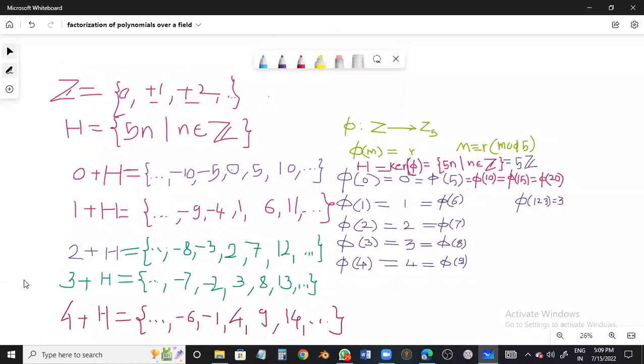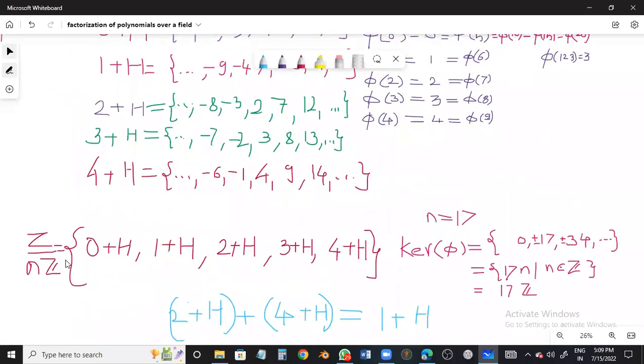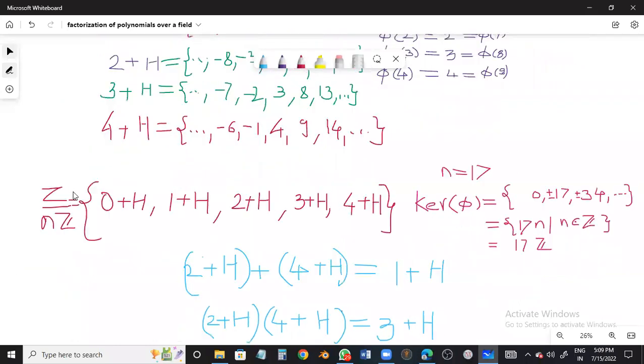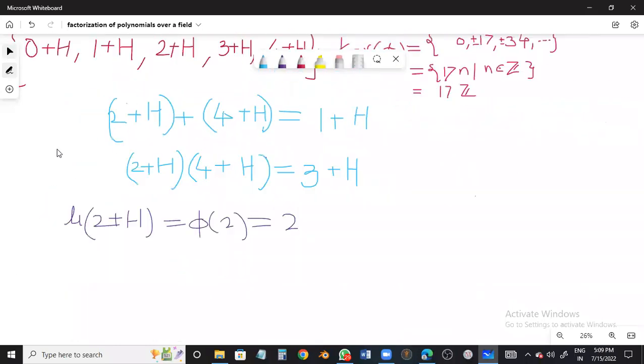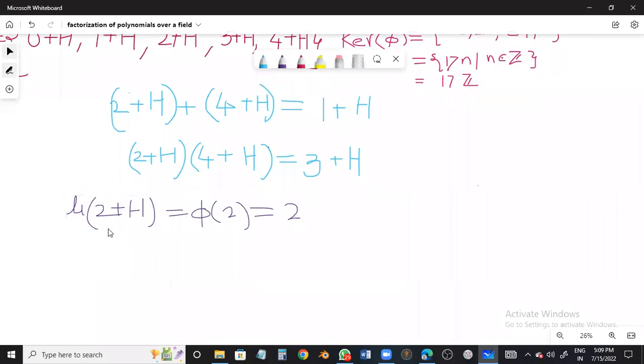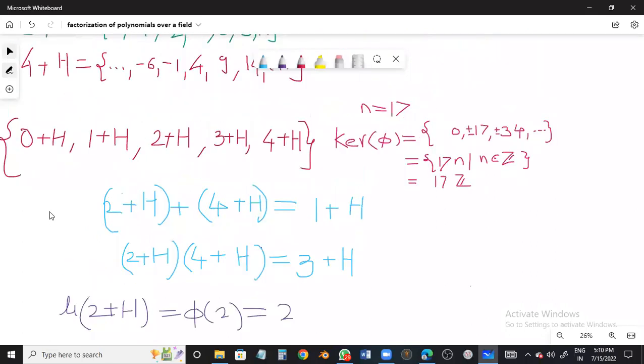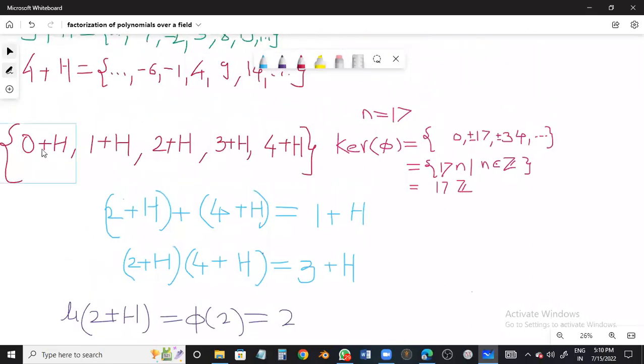We tried to solve it. Then we considered mu. How is mu defined? Mu of a plus h is phi of a. So in the present case, we have shown that mu of 2 plus h is phi of 2, and phi of 2 is nothing but 2. You may go with mu of any of these. So directly you can tell me what will be mu of this particular 0 plus h.